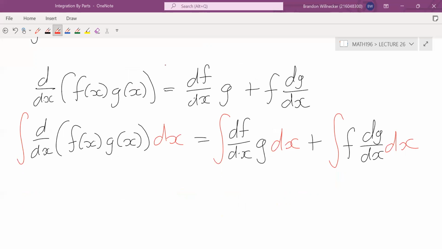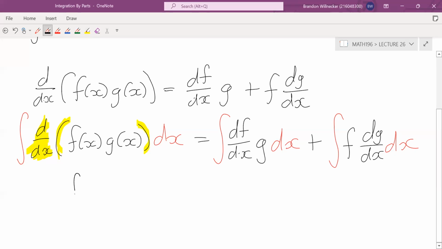Now for this first term on the left-hand side, we have the integral of a derivative. We know from the fundamental theorem of calculus that integration and differentiation are opposites, so if you integrate a derivative, they cancel out.